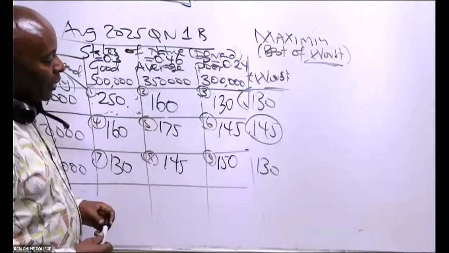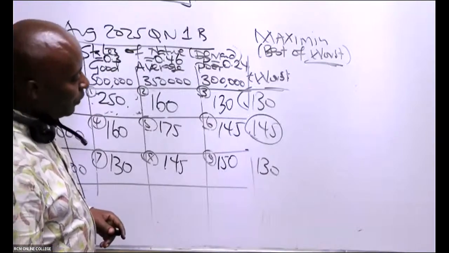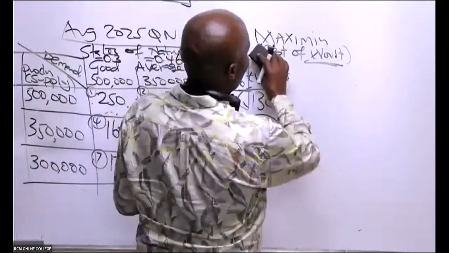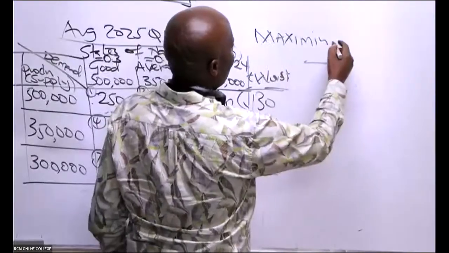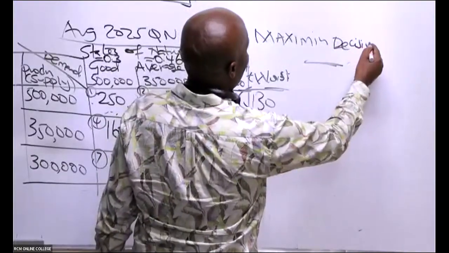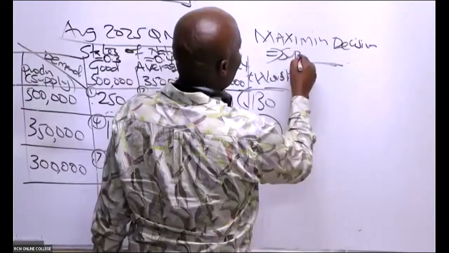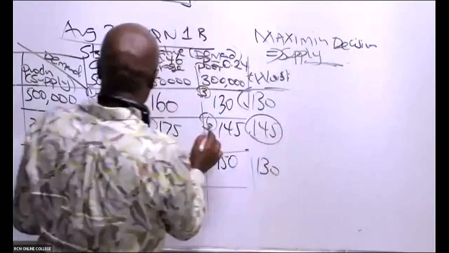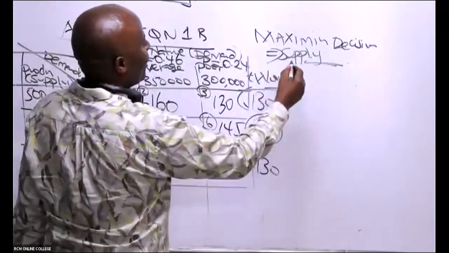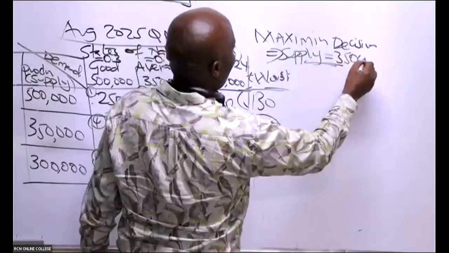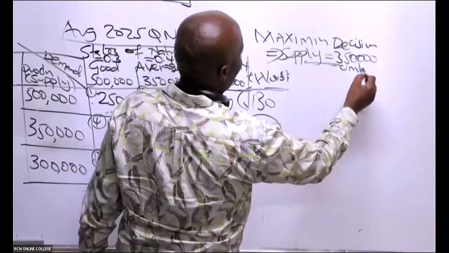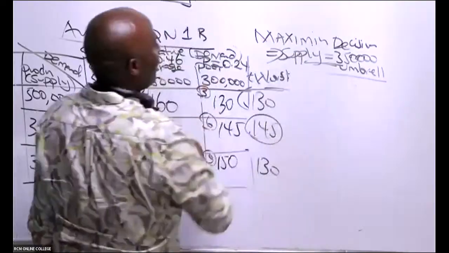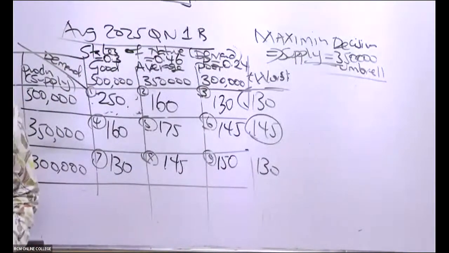So then the maximin decision, supply how many umbrellas? Supply 350,000 umbrellas.